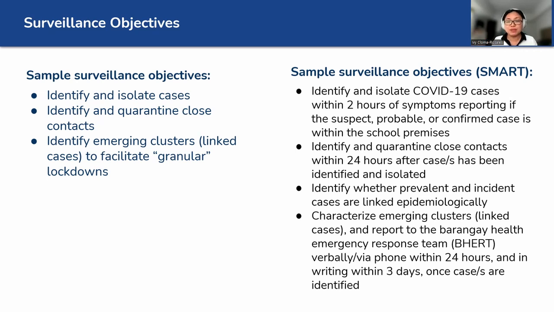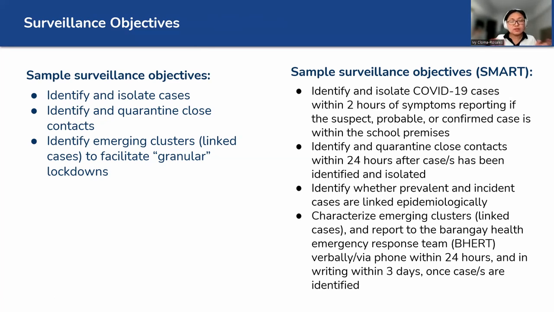epidemiologically. Then, number 4, you want to report. So you want to characterize emerging clusters or linked cases and report to the BHERT or the Barangay Health Emergency Response Team. Can be verbally, like maybe the BHERT is just near the school, or via phone, SMS within 24 hours, and in writing within 3 days once cases are verified.